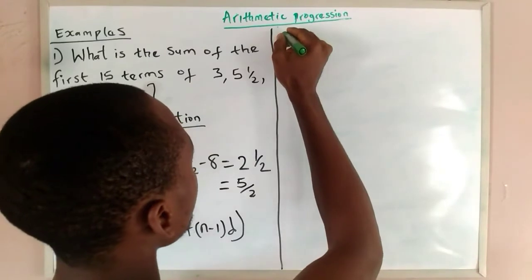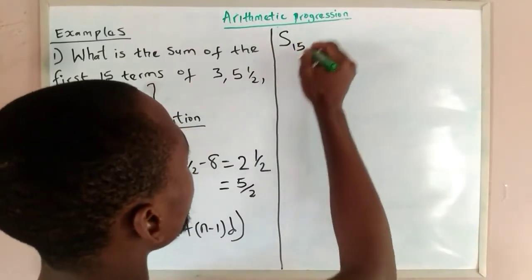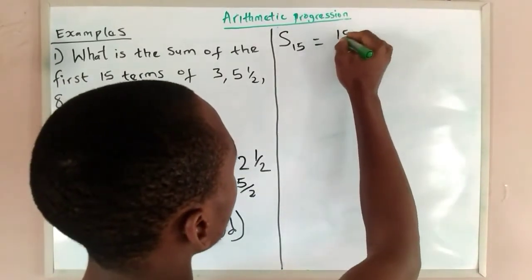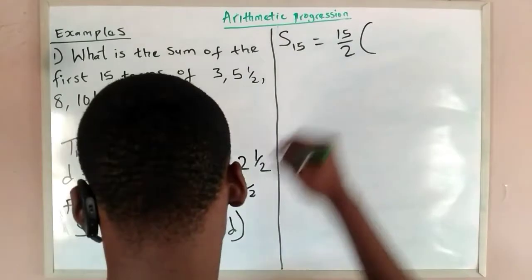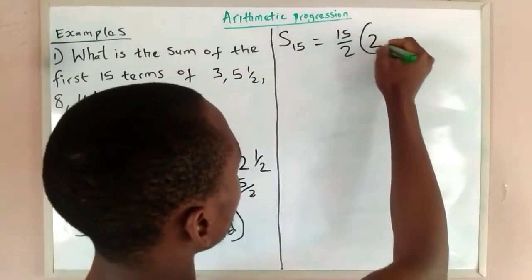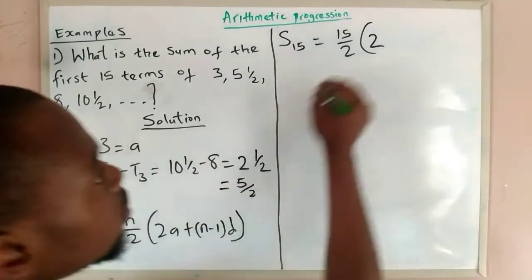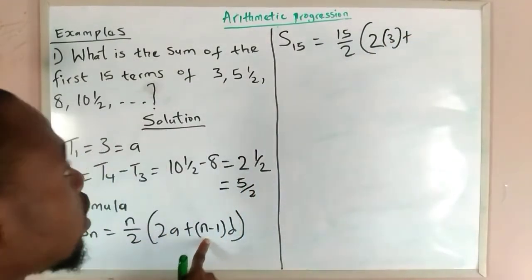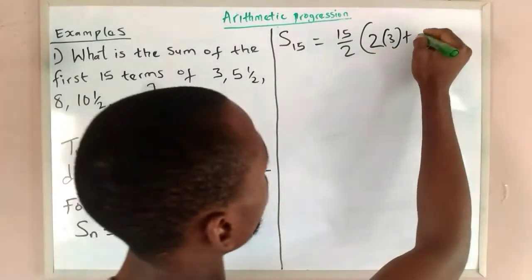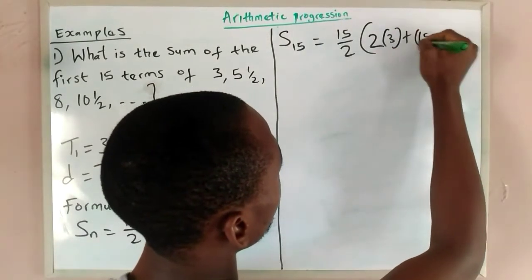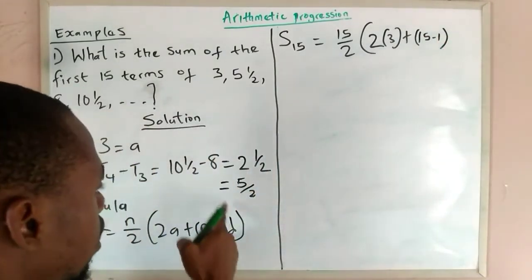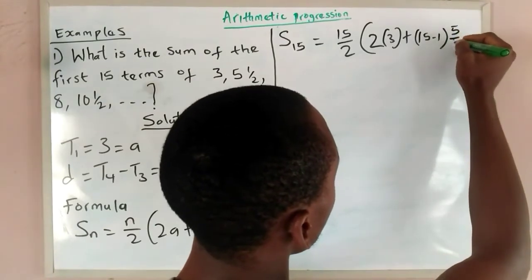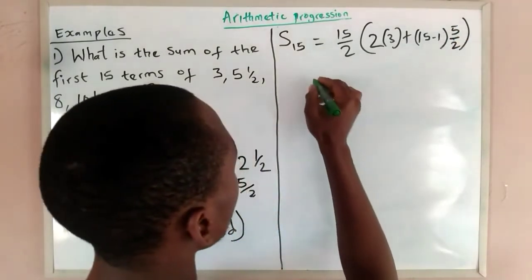So we are looking for our S15, and that will be equal to 15 over 2 into 2a. Our a here is 3, so I'm going to write 3 here, plus n minus 1. Our n is 15, so that will be 15 minus 1, times d. Our d is 5 over 2, sorry.